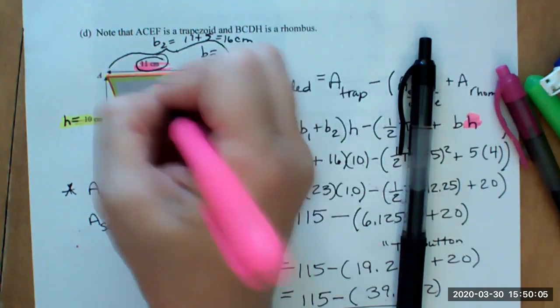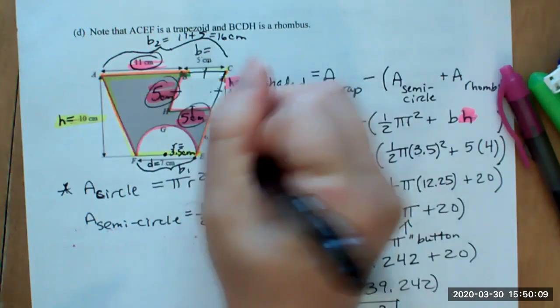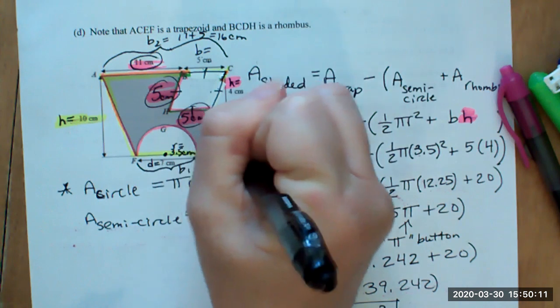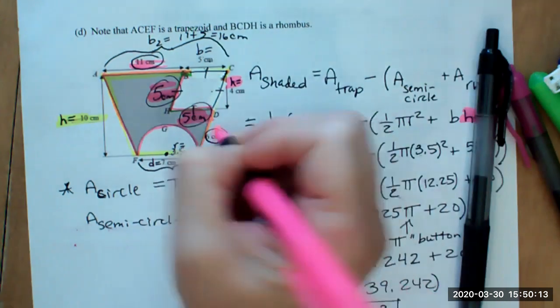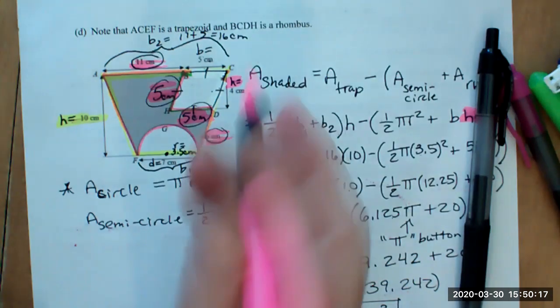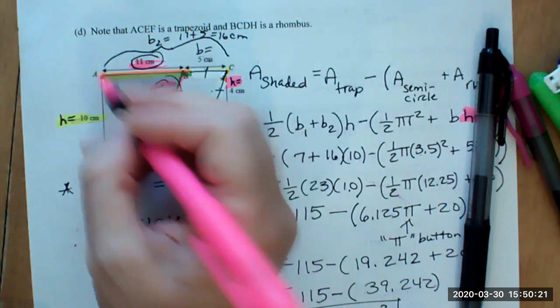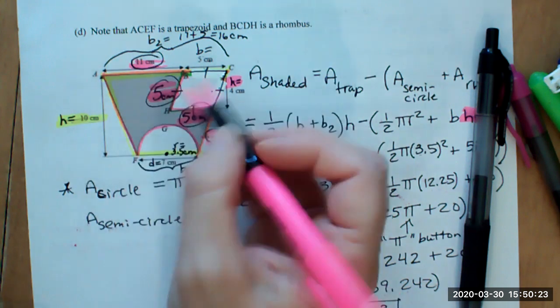Okay, and then over here, this piece you can see is 6 centimeters, and I'll highlight that. And this piece over here, well, let's figure out what this piece over here is, okay? So this is a trapezoid.